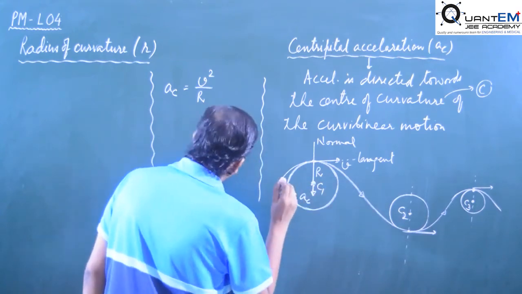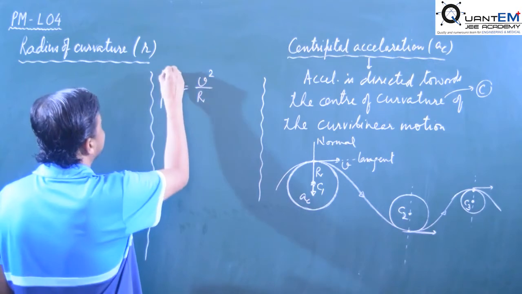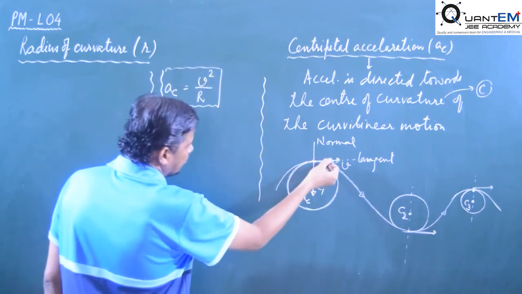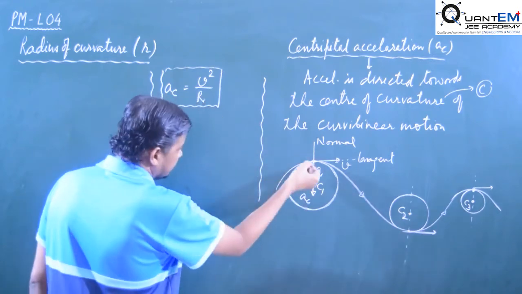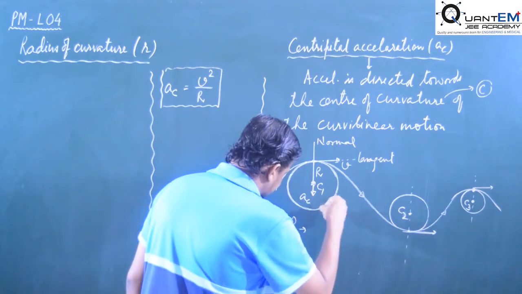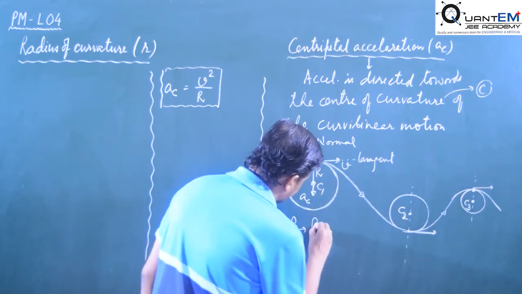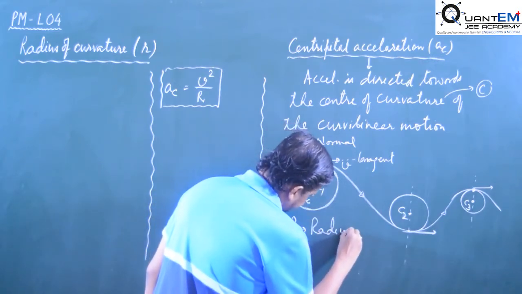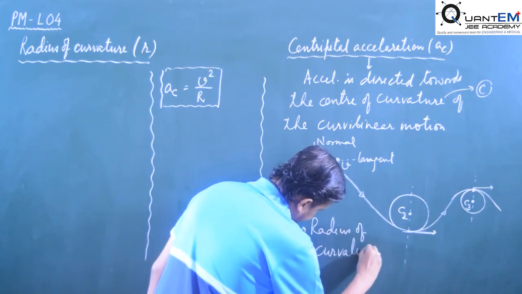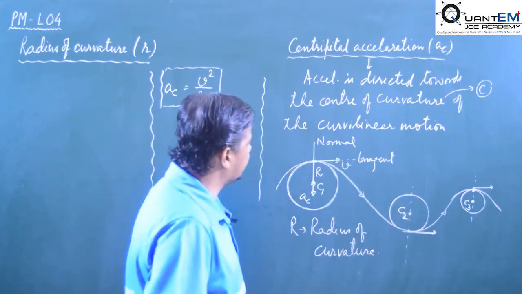The formula for centripetal acceleration is v square by r. V is the speed of the particle, and r is the radius of curvature. So this r is the radius of this curve, the radius of curvature.